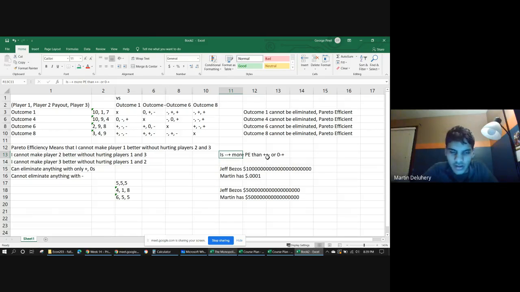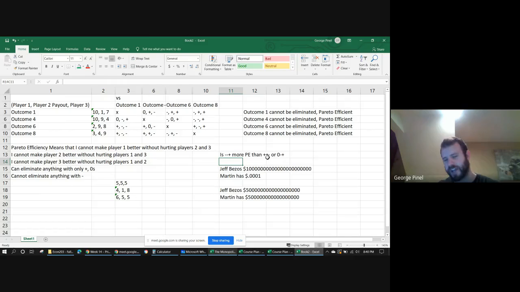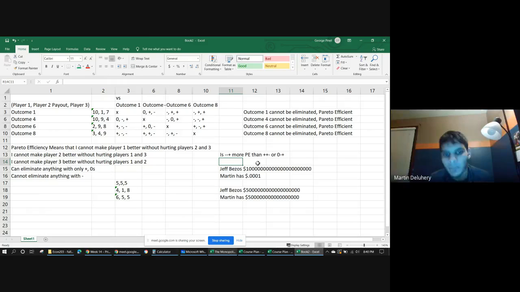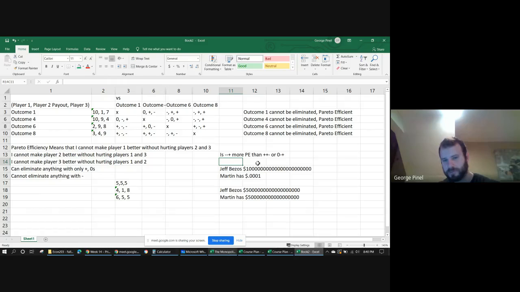What you might say is that this one has lower deadweight loss, so it might be more allocatively efficient. Yeah, I see how that would be. But Pareto efficient by definition is if you have to hurt another person in order to make yourself better off, then it doesn't work.